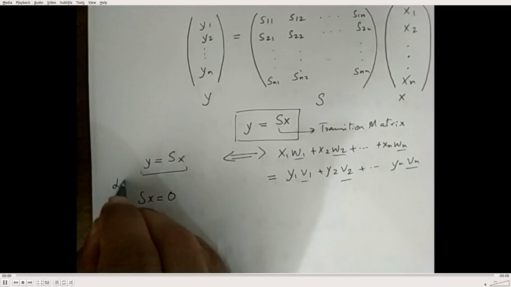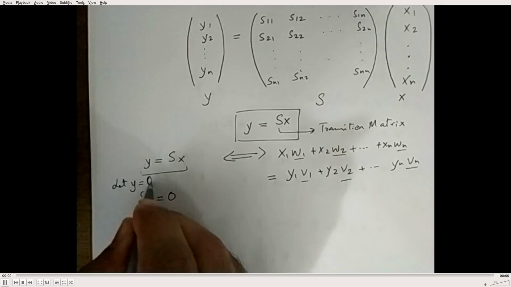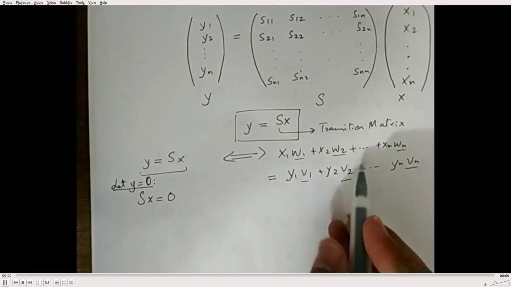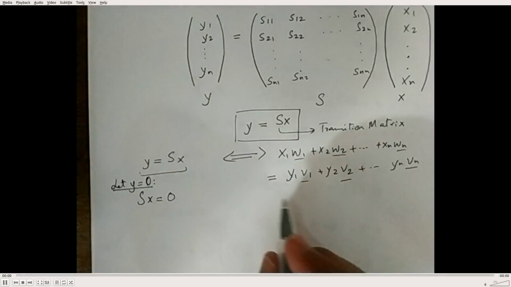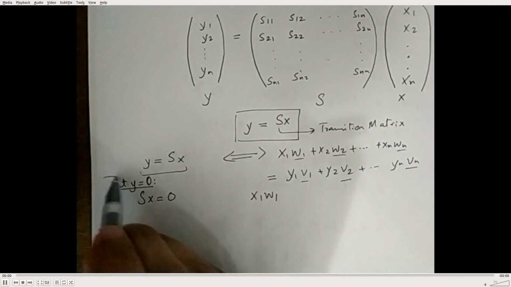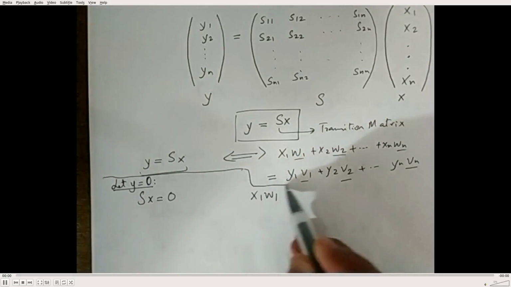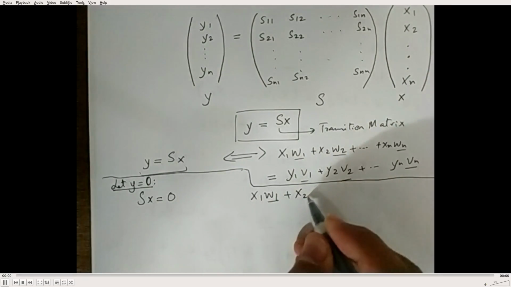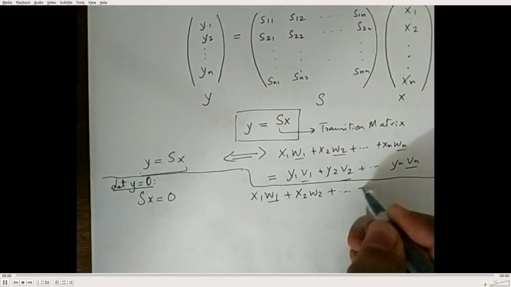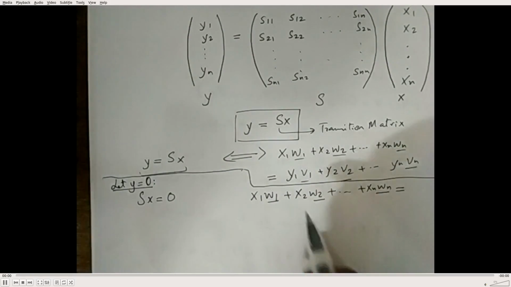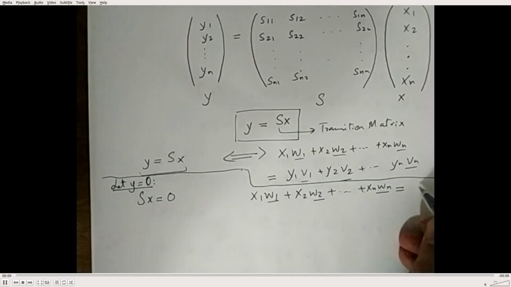So let y be the 0 vector. This tells me that Sx is equal to 0. It also tells me that this entire thing, x1 w1 plus x2 w2 up until xn wn, is also equal to each of the y's being 0, so this has to be the 0 vector.